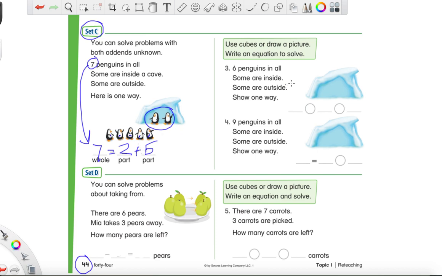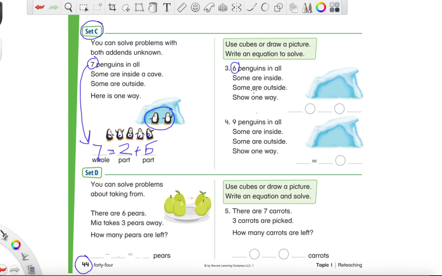But however many you put inside of a cave, make sure that there is a total of 7 with the ones inside and outside. Since we have two problems over here, we can do number 3 together. Okay, so 6 penguins in all. Circle that 6. This is our big total.